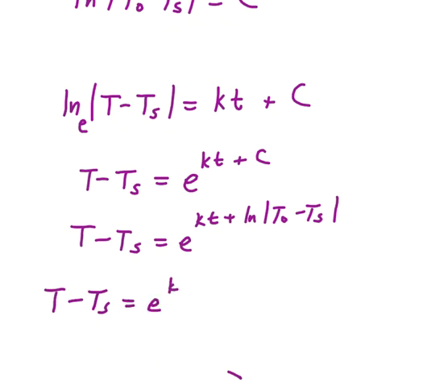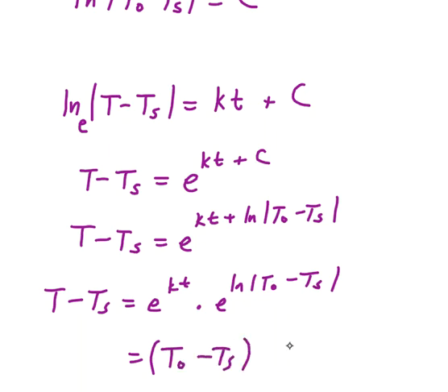And I can separate that using my exponent rules, which means that that's really just a coefficient. So long as my initial temperature is hotter than my surrounding temperature, that will come out positive. Since we're going to focus on it as cooling, it will be like that. You can agree that if I was doing it the other direction, I would just swap them.